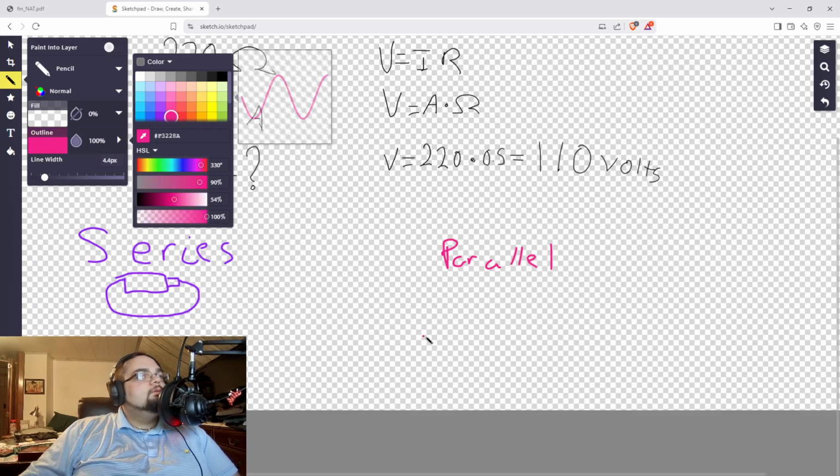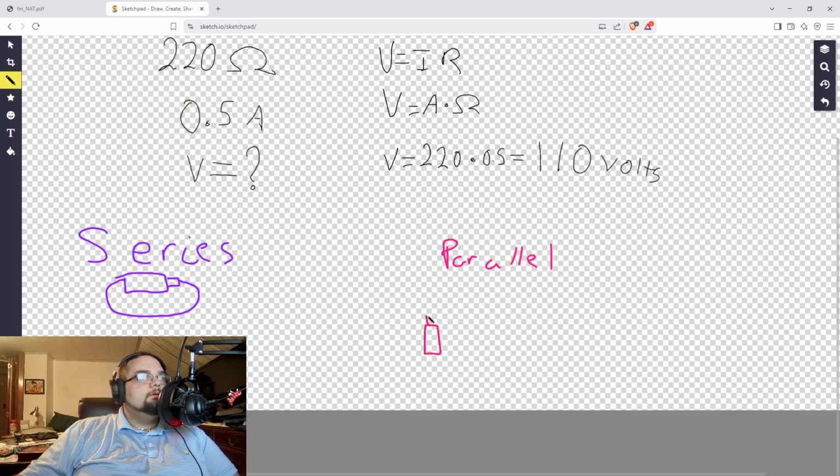So we have the battery. We connect it to a light bulb. But then we also, at this light bulb, connect it to a second light bulb.